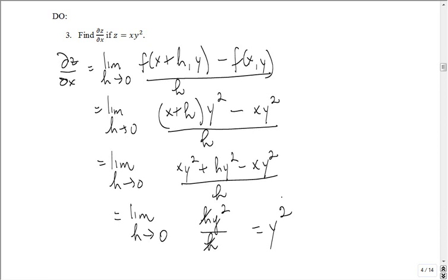Okay, so these are partials from first principles. Now let's actually partially differentiate some functions just using rules, not from first principles. Unless I ask you to partially differentiate from first principles or using the definition, please don't use that. That's too long. You just want to use the rules.